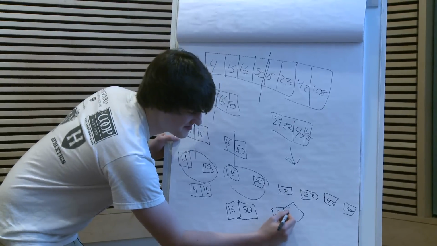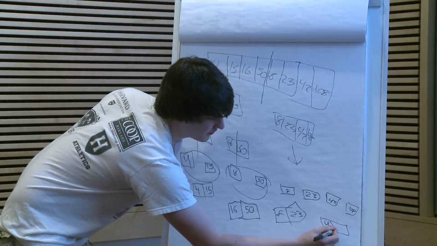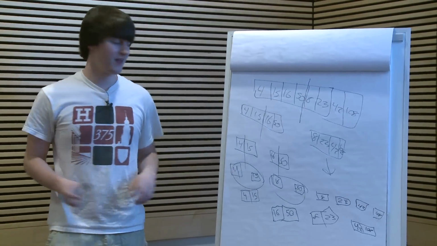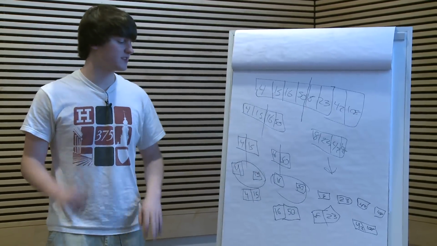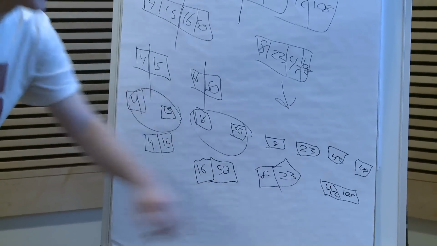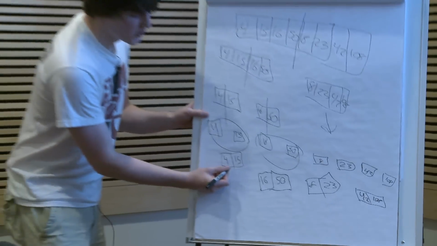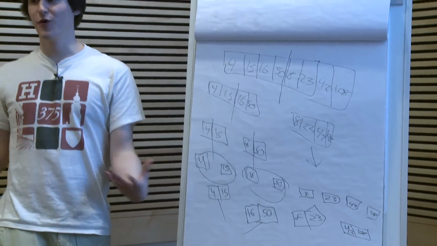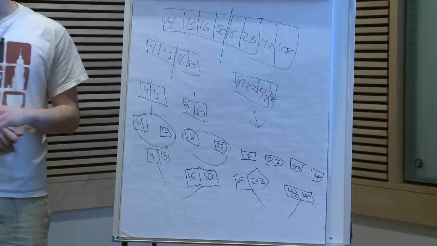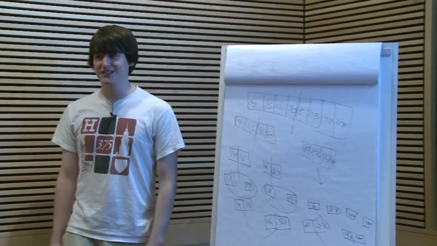I cannot write. 8, 23 and 42, 108. Okay, so we have merged pairs once. And now we just merge again. Notice that each of these lists is sorted in itself, and then we can merge these lists to get a list of size 4 which is sorted, and merge these two lists to get another sorted list of size 4. And finally, we can merge those two lists of size 4 to get one sorted list of size 8.